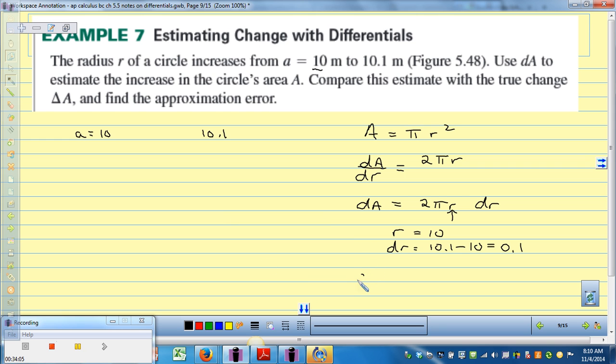So dA will equal what? What do I plug in? 2 pi times 10 times 0.1. Find a value for me, please.